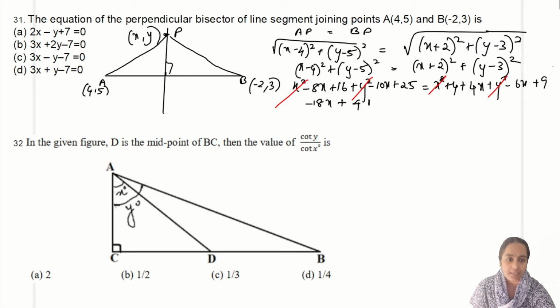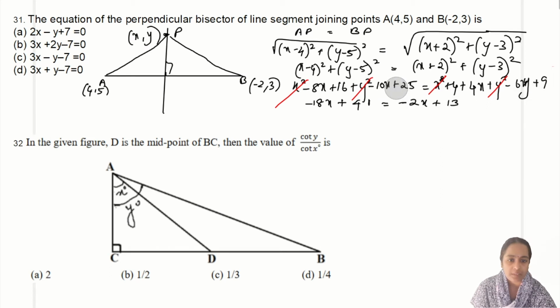On the right hand side, I have 4x minus 6y, and 4 plus 9 is 13.